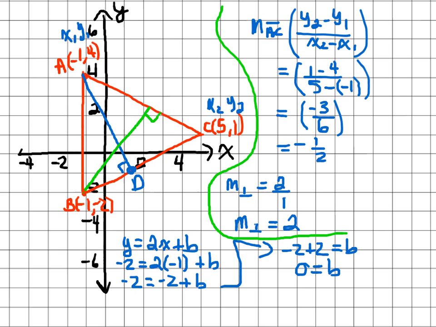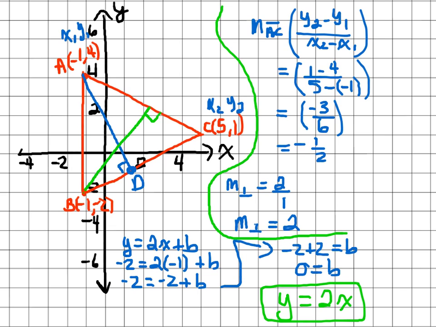So that means, well, that's kind of nice. The equation of my altitude is y equals, my slope is 2x. There we go. That's my equation of the altitude from vertex B.